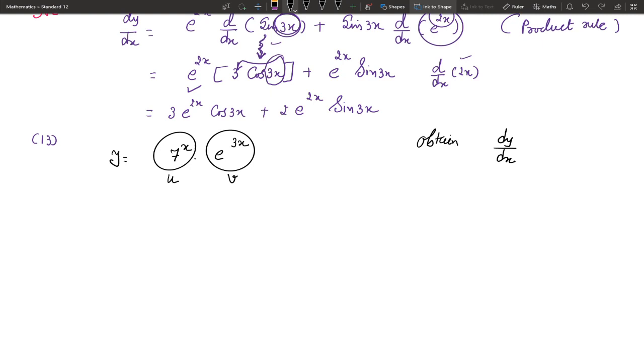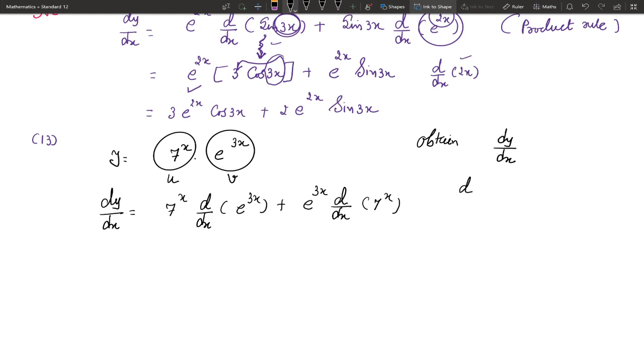So dy by dx is u into derivative of v plus v into derivative of u. So u into derivative of v, 7 raised to x into d by dx of e raised to 3x, plus v into derivative of u.